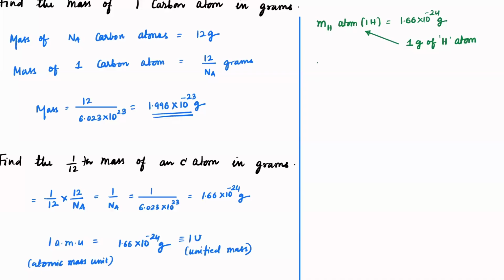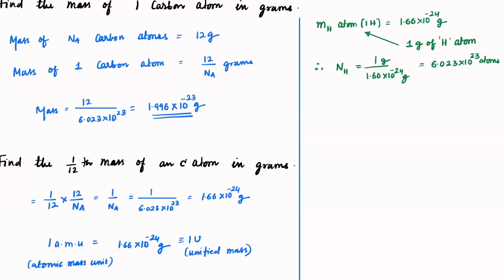Therefore, the number of hydrogen atoms present in 1 gram of hydrogen is 1 divided by 1.66 into 10 raised to power of minus 24 grams. And if I divide this, I'll get 6.023 into 10 raised to power of 23 atoms. So these many hydrogen atoms will be present if I take 1 gram of hydrogen.